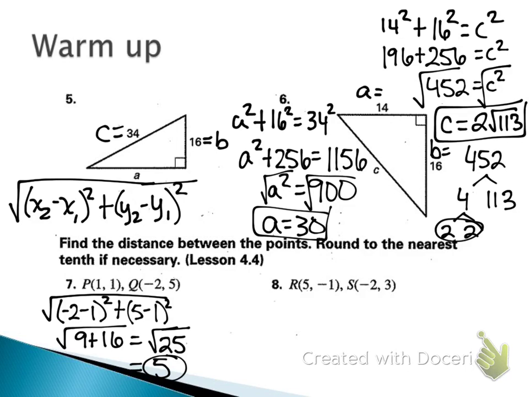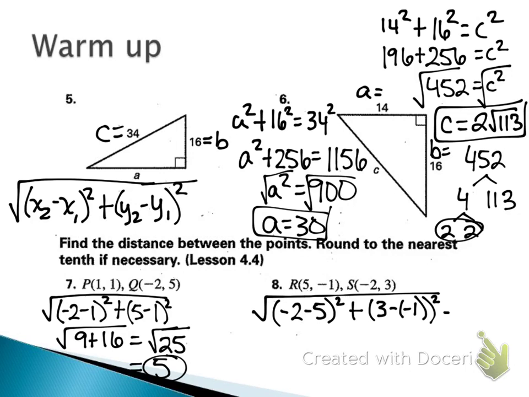On number 8, we're using the same formula. We have the square root of. On this one, my x's are negative 2 and 5. My y's are 3 and negative 1. Negative 2 minus 5 is negative 7.